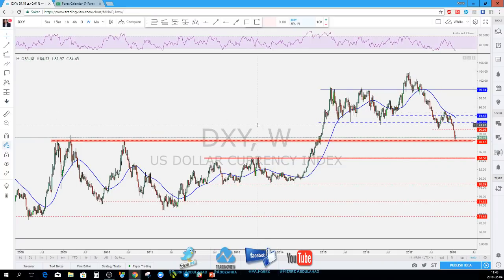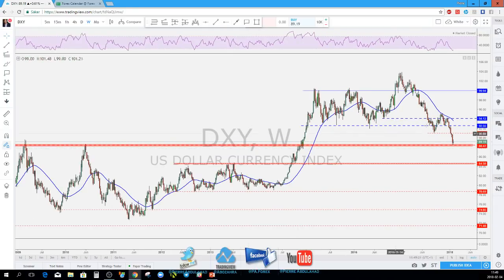Yes, let's start with the Dixie as usual. And I am on the weekly chart here, and the reason I am on the weekly chart is actually to show you where we are at right now. As you know, the dollar has been in a downtrend for a long time now, since we started this down move here in December 2016, and it was moving very fast to the downside.